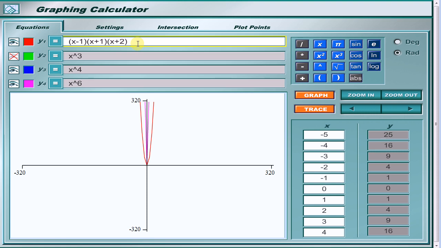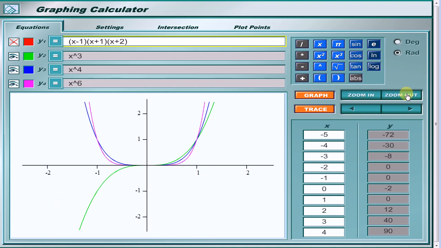And then it's going to be red, and we'll zoom in. And we'll show that, and we'll hit graph.